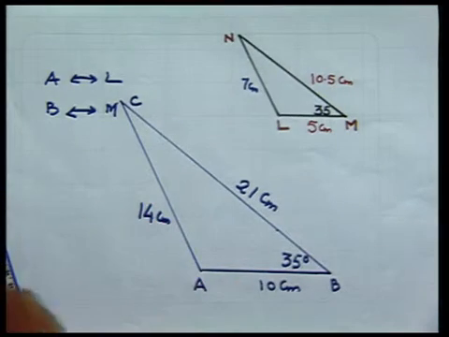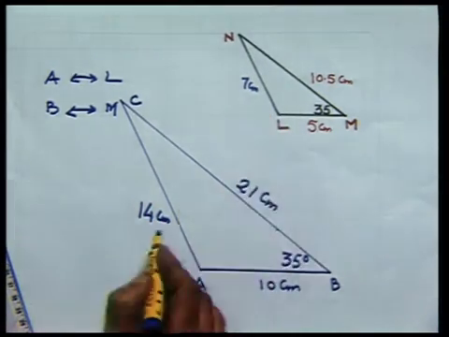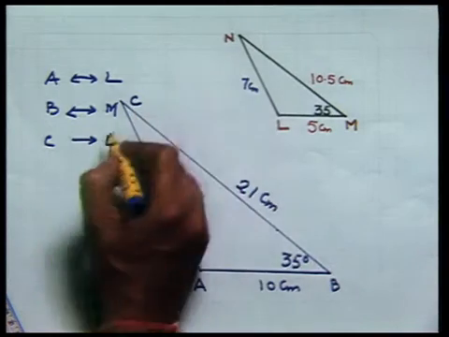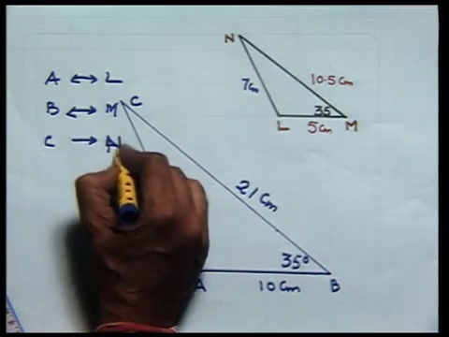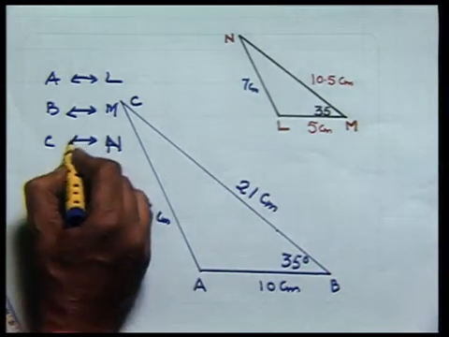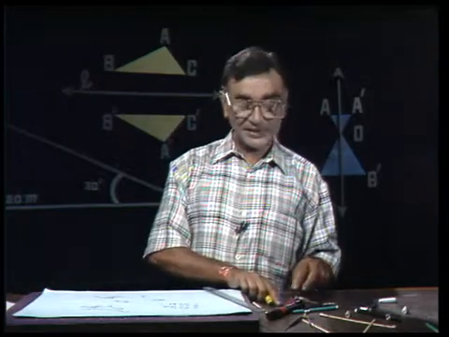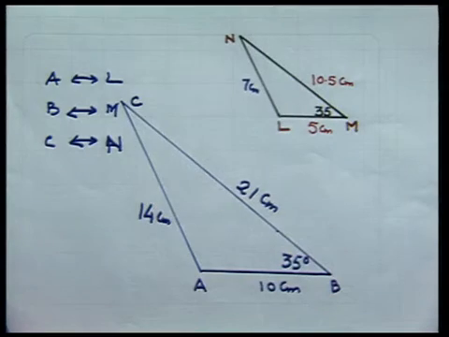So we found that here the third side is proportional to the third side of the constructed triangle, that is C is corresponding to point N and N is corresponding to point C. Now this is the one condition, that is we got the sides proportional, but let us see about the other angles.